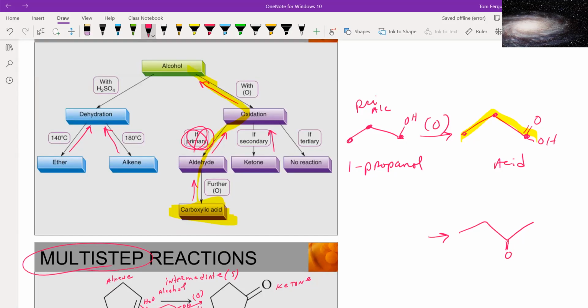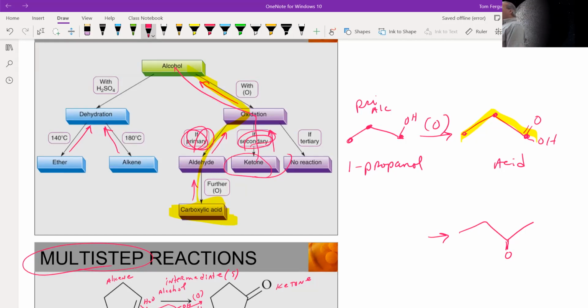Remember, when the carbonyl, the C=O, is in the middle, it's called a ketone. So find ketone on the chart. I'm going to back up. Okay, it's going to be oxidative conditions, and it's going to be a secondary alcohol.